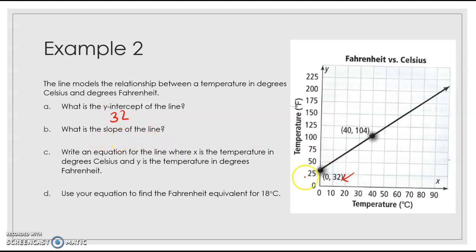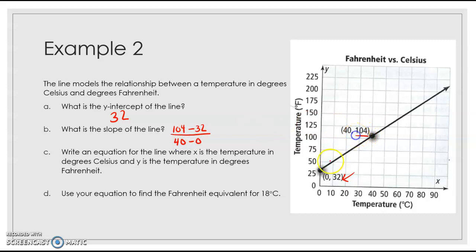And then I need to find the slope of the line. Because we're not on whole number points, I'm just going to do y minus y over x minus x. So I'm going to take 104 minus 32, which is my other y, over 40 minus 0.